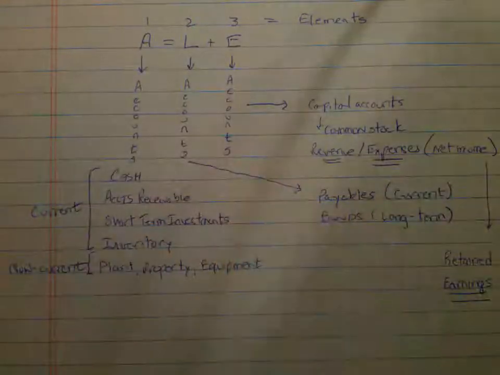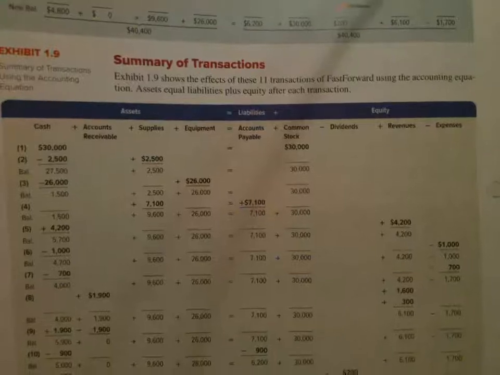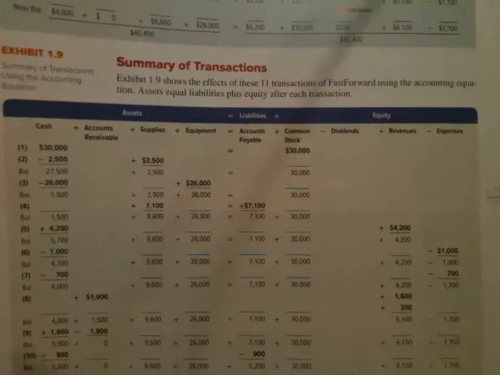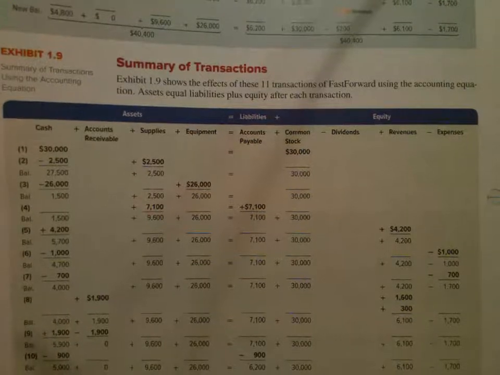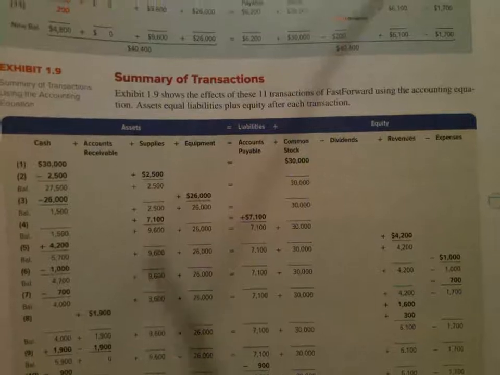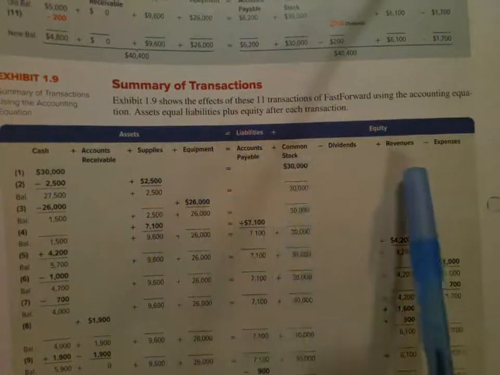When you work through it, the problem will look something like this: you'll have a list of transactions, and you'll have to analyze each transaction, figure out what accounts are involved, and each row is a separate transaction.